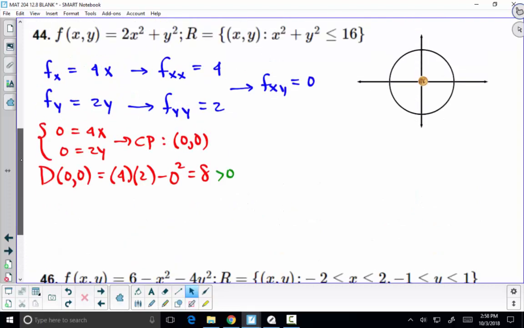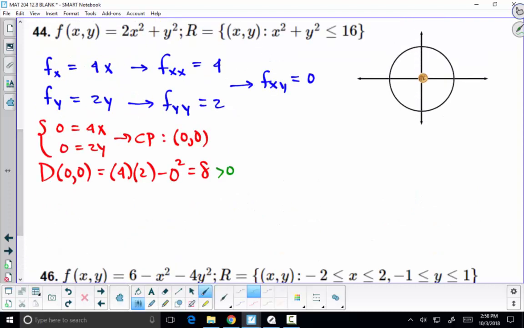That's corresponding to A. We have a local min. These are both positive, so the second order partials are positive, which means concave up, which means min. So we have a relative min right there, or they call it local in this book.